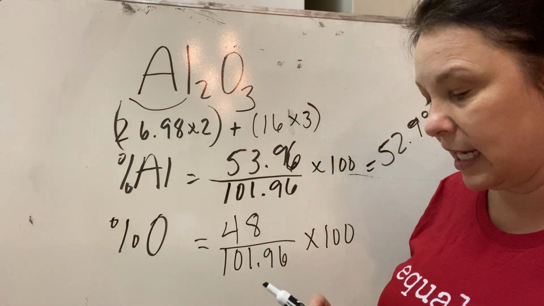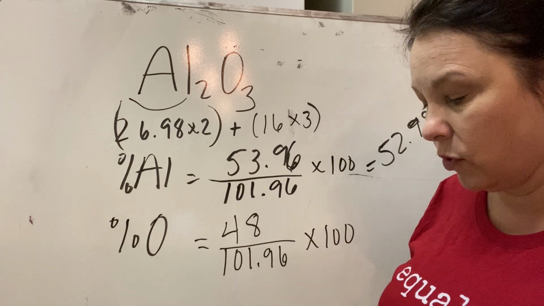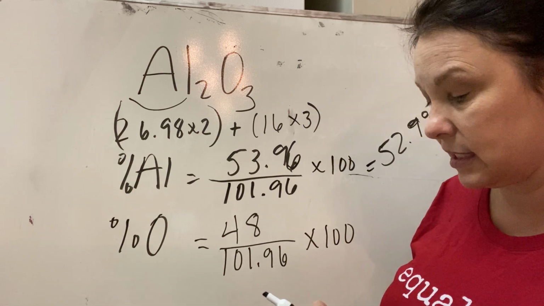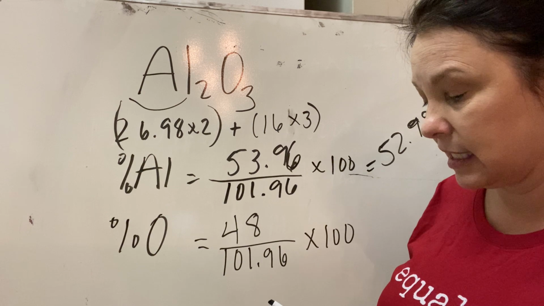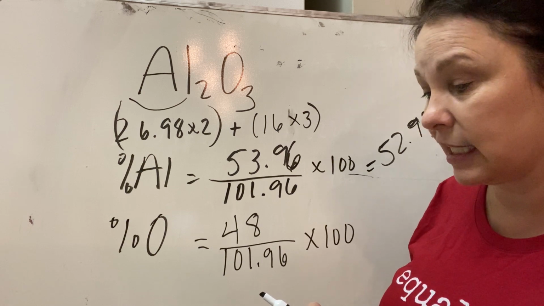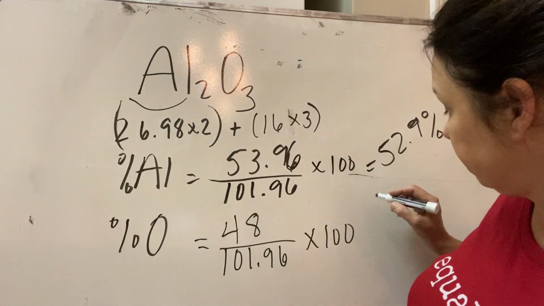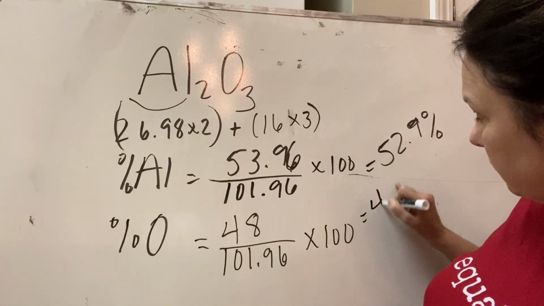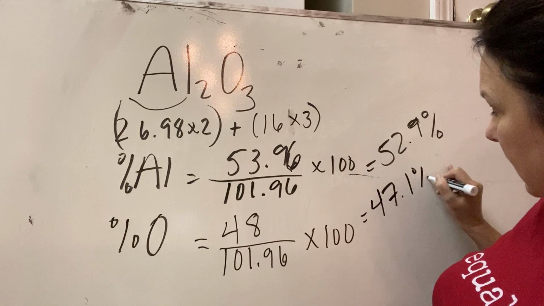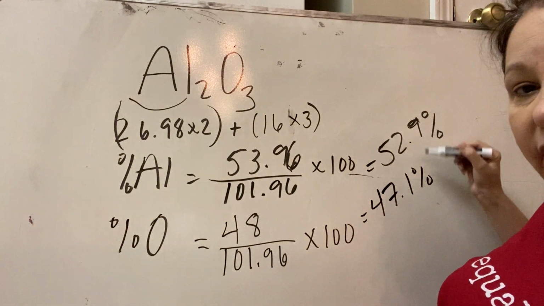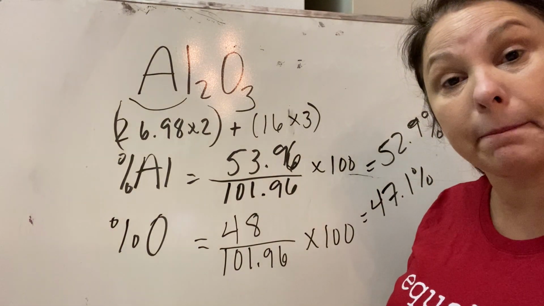So 48 divided by 101.96 equals 47.1%. And that makes total sense because together they equal 100%.